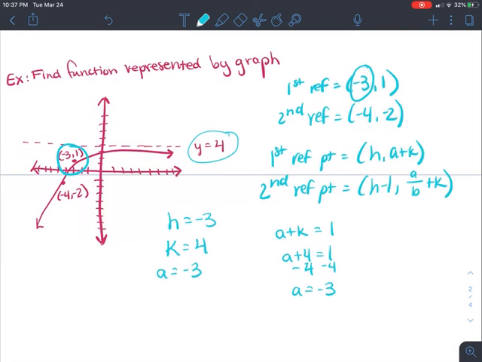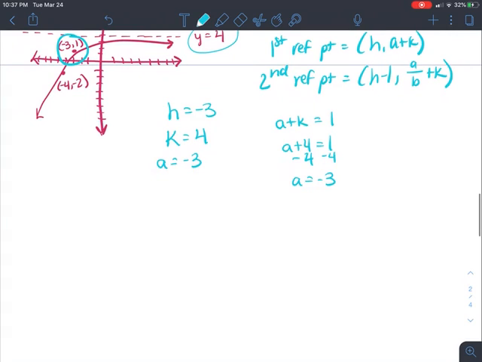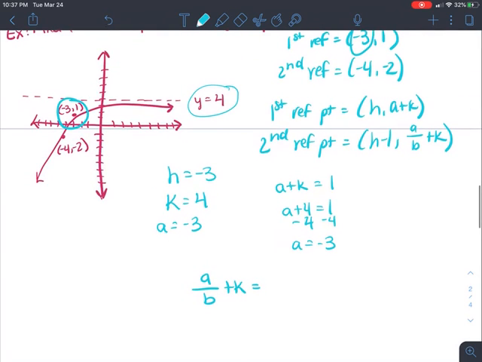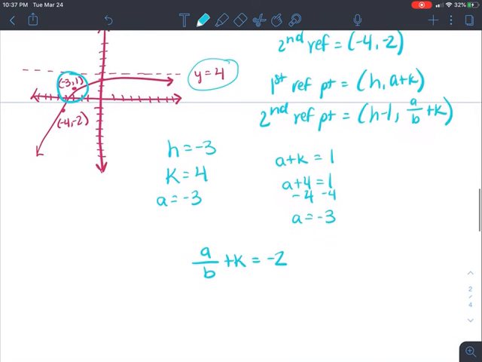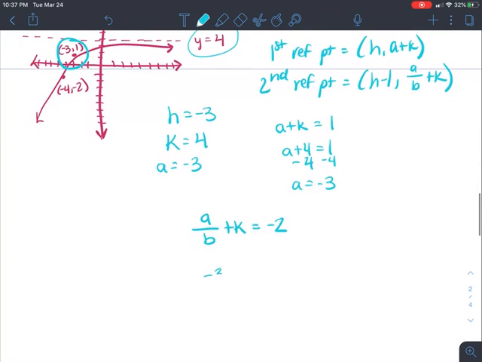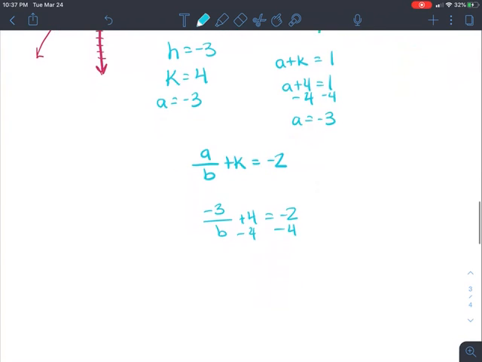I'll say a over b plus k is equal to negative 2. I have my negative 3 over b, plus 4 equals negative 2. So I'll subtract 4. I get negative 3 over b is equal to negative 6.